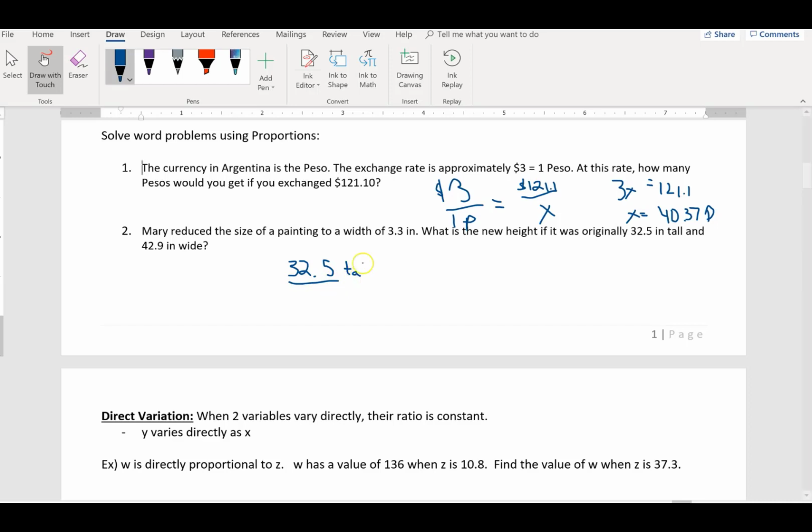You can put this on the bottom, it doesn't matter. What does matter is that you match up the height here and the width here. So we have a width of 3.3, so that's going to go there. And when we're looking for the height, we're going to put x there.